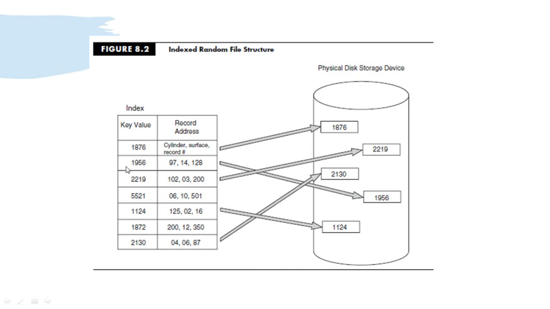So it is random, and when we find the data at the physical disk, we can see the key value and its contents of record address. The disk may be in a form like cylinder, surface, or records, or maybe in a number like this.